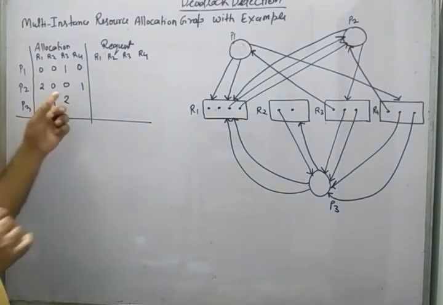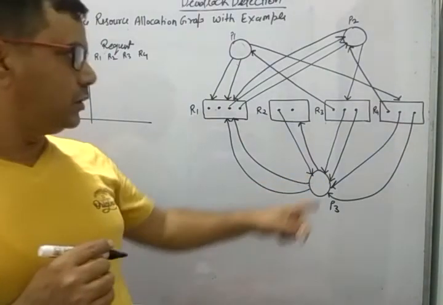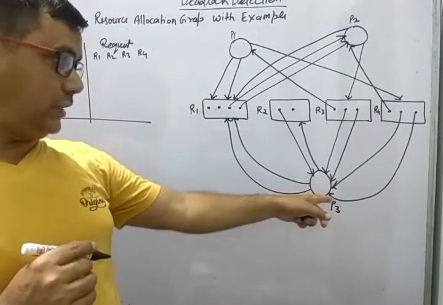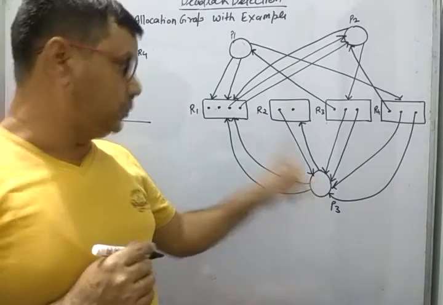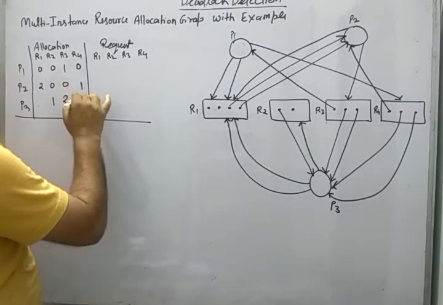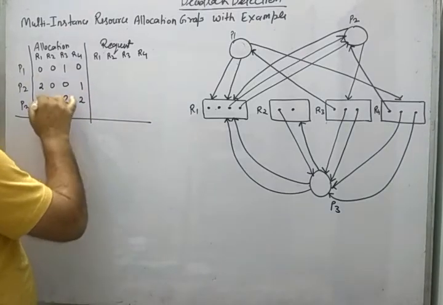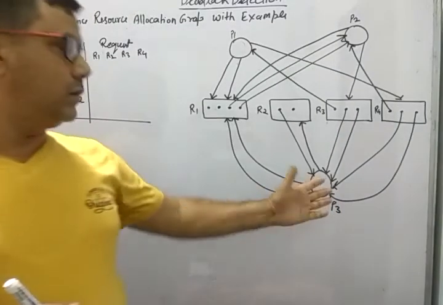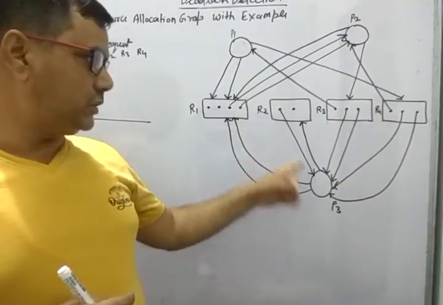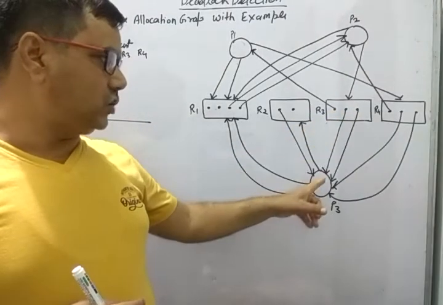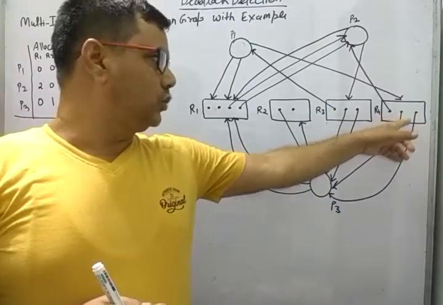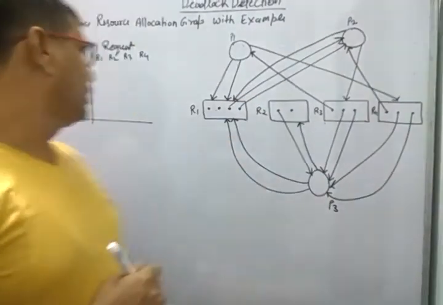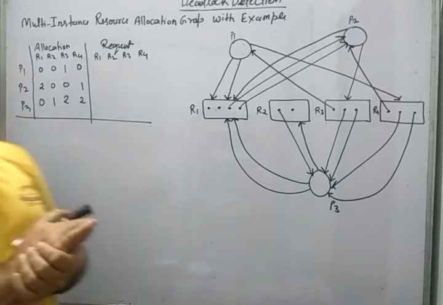Two instances of R4 are also assigned to process P3, and 0 instance of R1. Process P3 holds the maximum resources: one instance of R2, two instances of R3, and two instances of R4 are assigned to the process P3. So this is the allocation table.